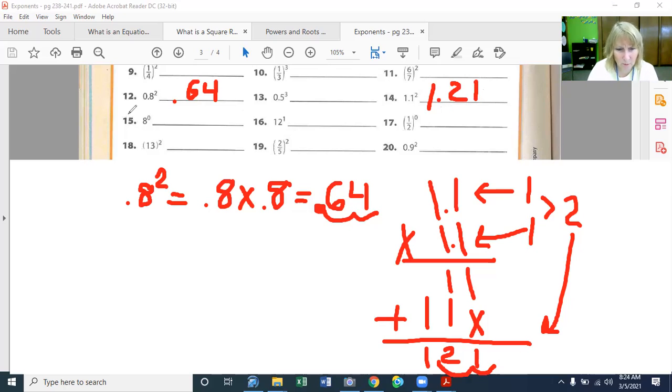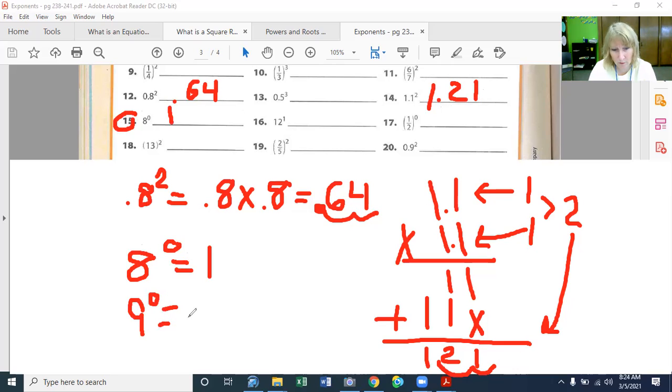Okay, what I didn't talk about is number 15. I skipped that ahead and said I'd come back to it. So let me tell you, whenever you have a number to the 0 power, 8 to the 0 power is going to equal 1. Any number to the 0 power is 1. If I had 9 to the 0 power, that would equal 1.